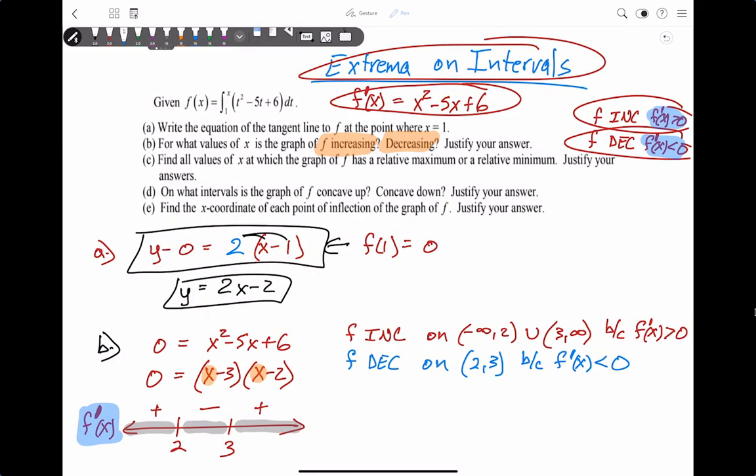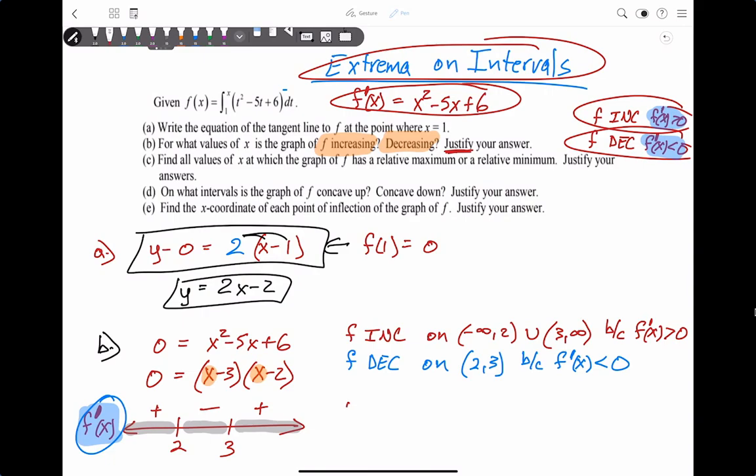Okay, so now let's move on to part C. Now remember, before we go to part C, in order to obtain this f prime of x here, I had to take the derivative of this right side. So you could say part of your justification on part B was actually still using the second fundamental theorem.